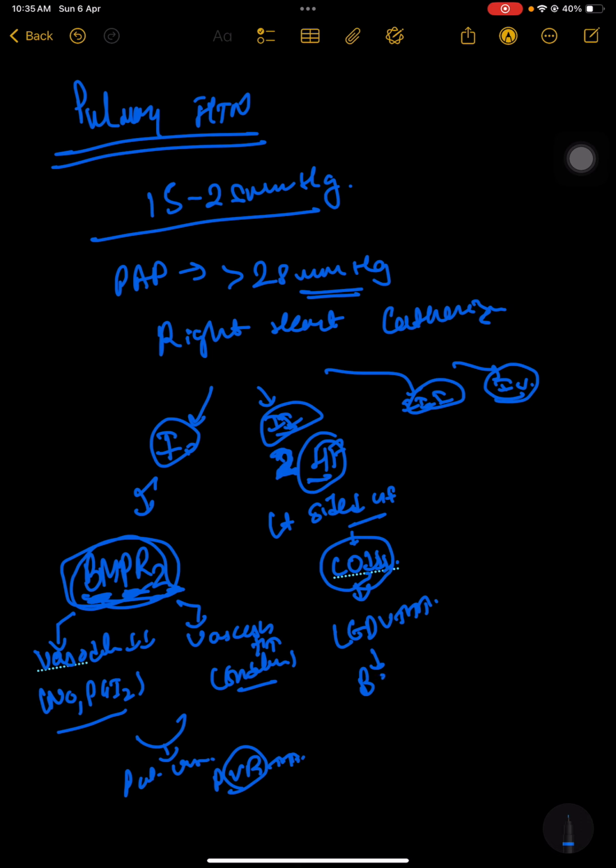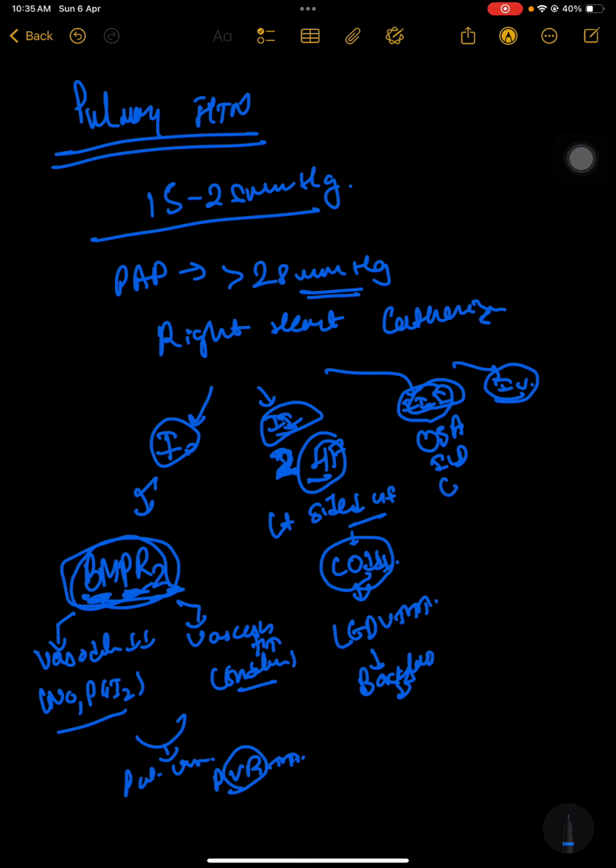So that will lead to back flow of blood. That will lead to increase in the pulmonary congestion, pulmonary capillary wedge pressure will increase, and that will lead to pulmonary hypertension, isn't it?